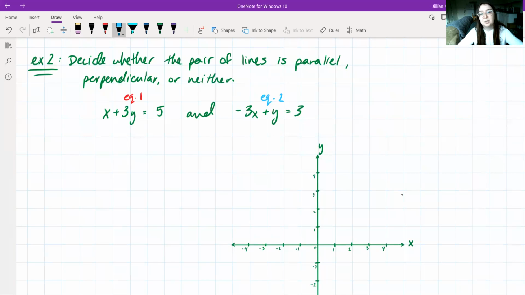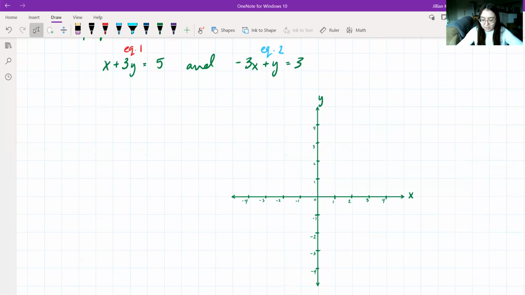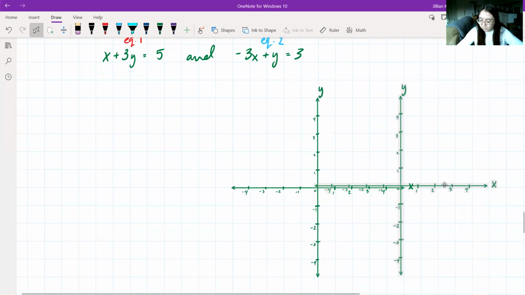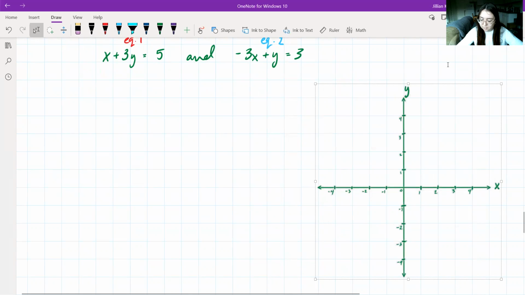Now what we want to do is determine their slope, and then graph them and just make sure.